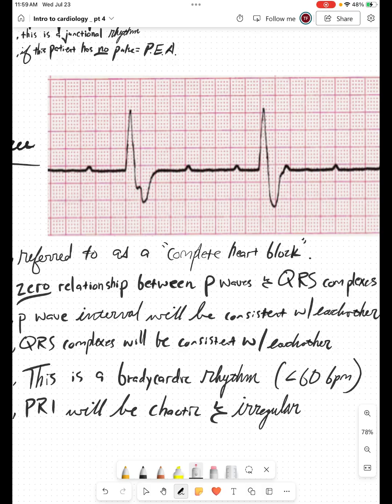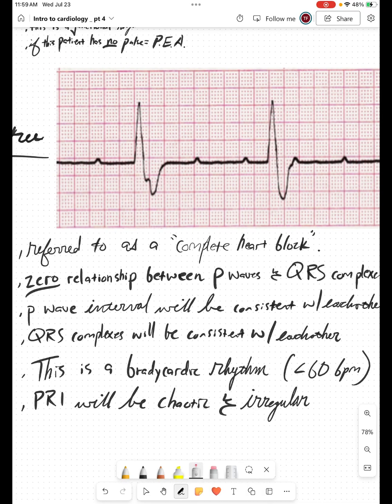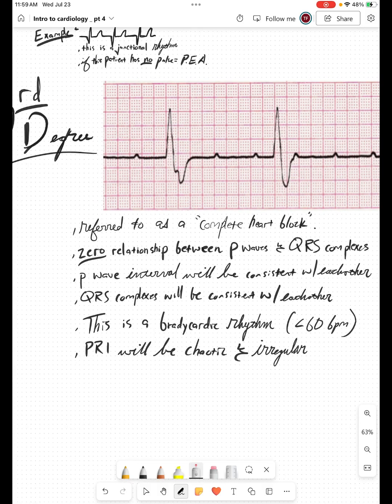The P wave intervals will be consistent with each other, and the QRS complexes will be consistent with one another as well. This is a bradycardic rhythm, a lot of times in the 30s, 20s, 40s, slow. And just remember, your PRI will be chaotic and irregular.